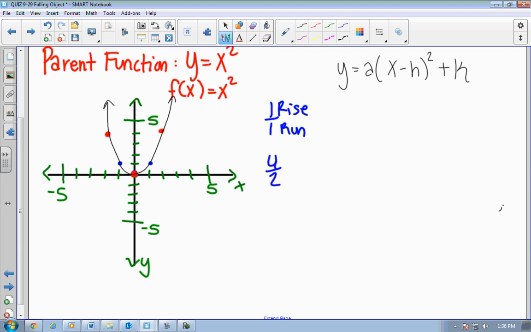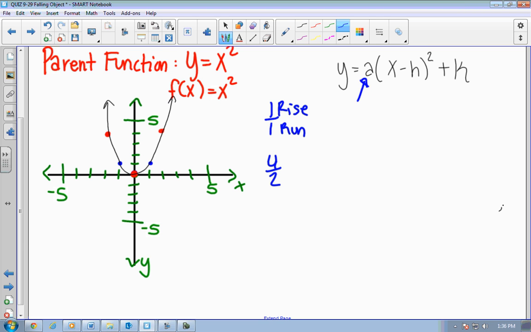Okay, the multiplier guy out front. That guy out front does up to 2 of 3 things. Remember what the A does? It tells you the maximum or minimum because it tells you if it's concave up or concave down, right?